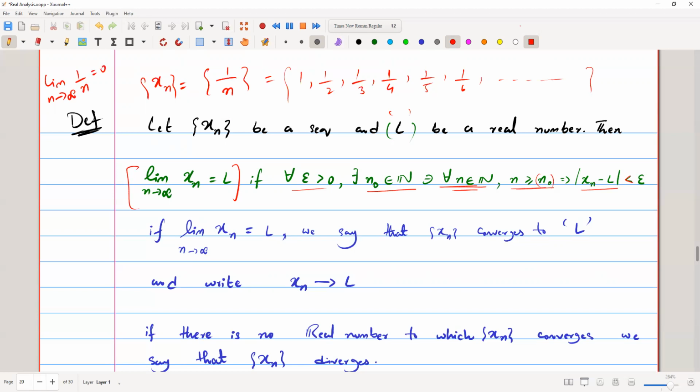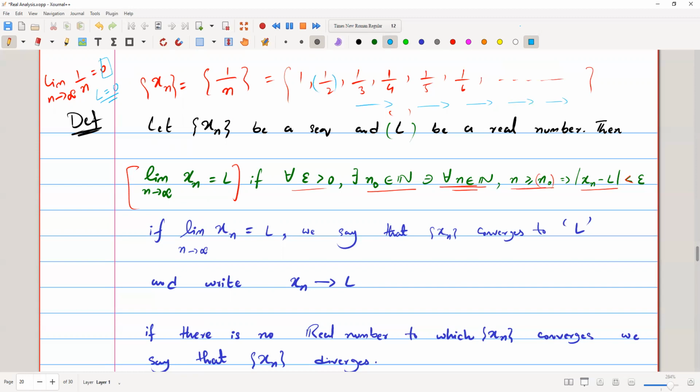So what we mean by this definition of the limit is that as I am moving forward, going bigger and bigger, the distances between these numbers and this limit, L equals 0, are becoming smaller and smaller.